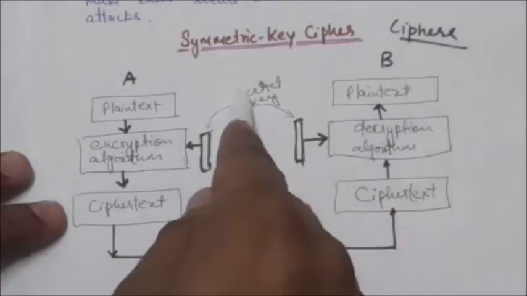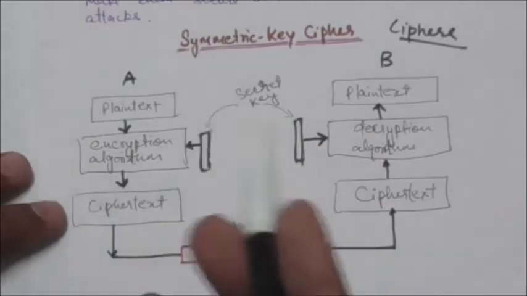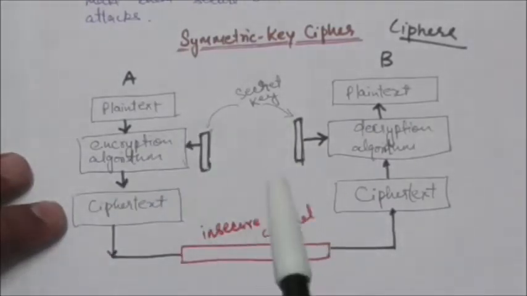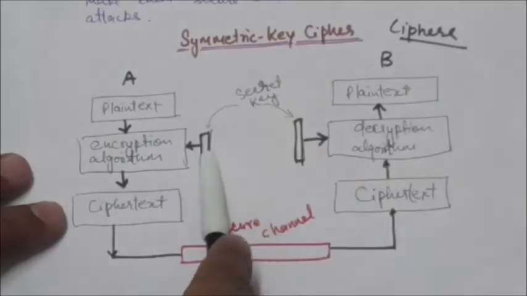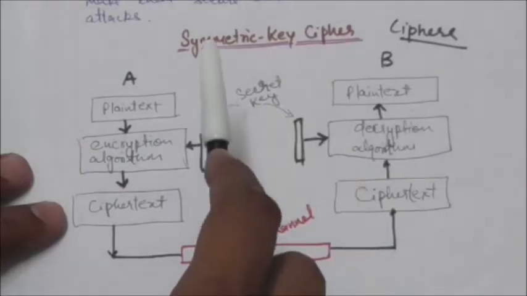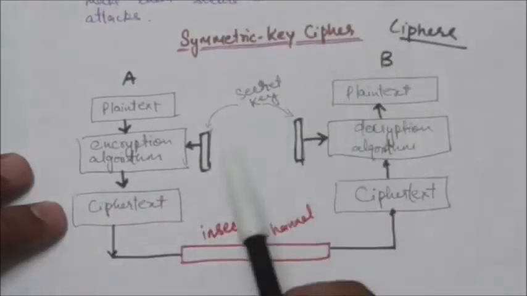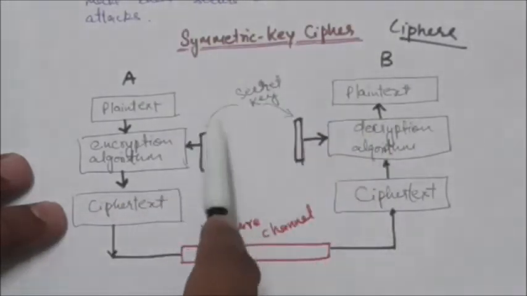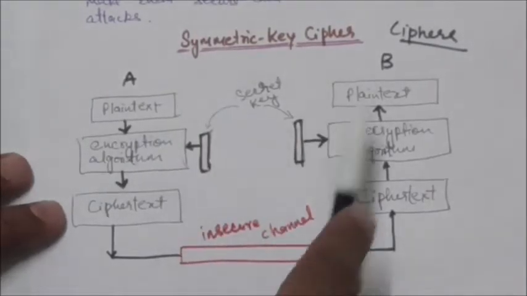The symmetric key encipherment uses a single key. The key itself may be a set of values. The symmetric key encipherment uses a single key for both encryption and decryption.